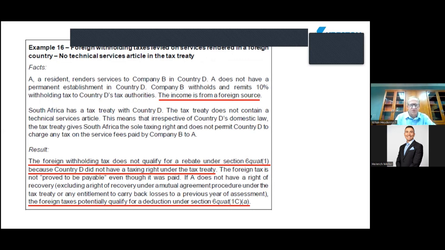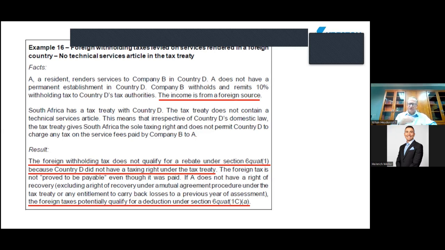South Africa has a tax treaty with country D. The tax treaty says nothing about technical services, meaning that no matter what, country D does not have the right to tax it, and South Africa has the sole taxing right to tax it. And then in terms of the DTA, because the foreign country doesn't have the right to tax it, you cannot get a rebate for it. But if they did withhold it because you are trading, you can get a deduction for it.